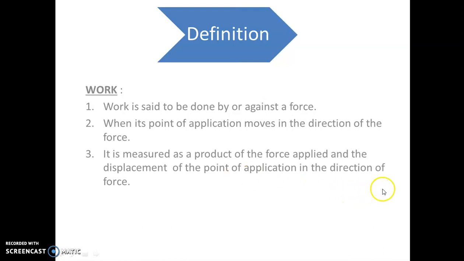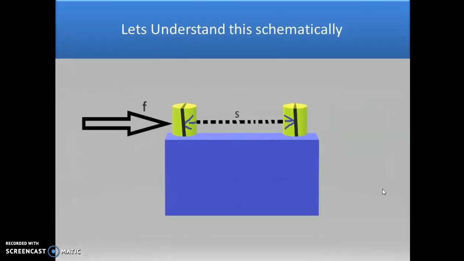You will understand this with a diagram. Suppose this is the diagram. Suppose this is the box. You have applied a force here. The box, or the cylinder, here it is a cylinder, moves from this position to this position. So what is the displacement? This is the displacement, denoted as S. And what is the force?